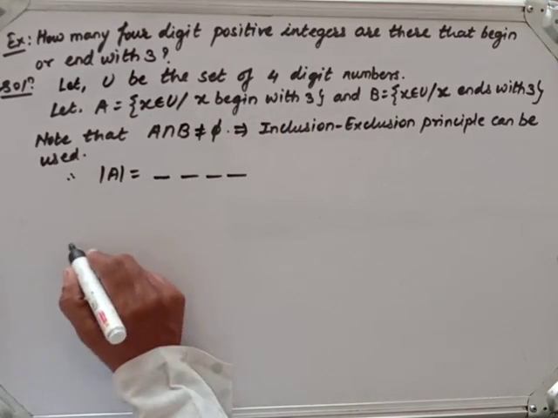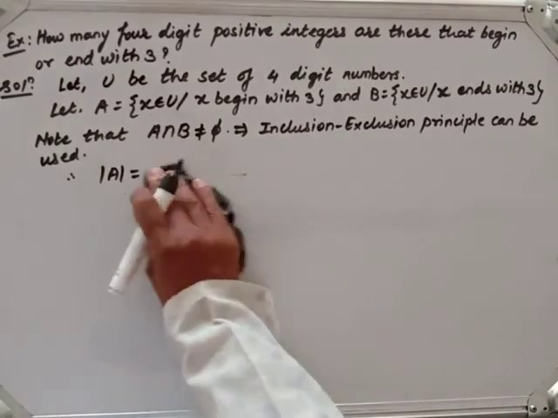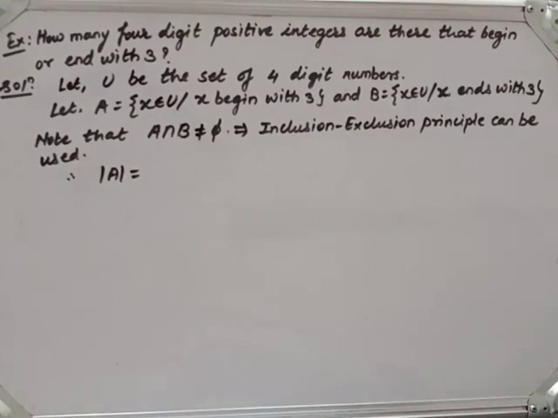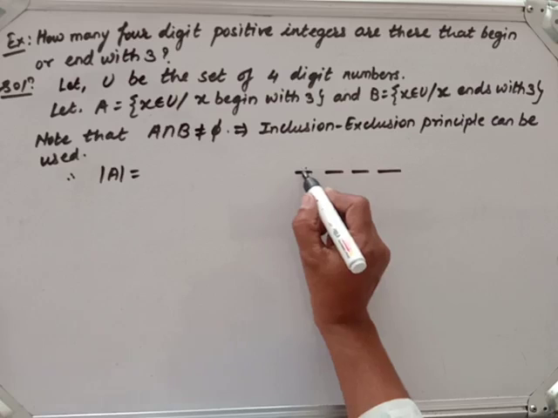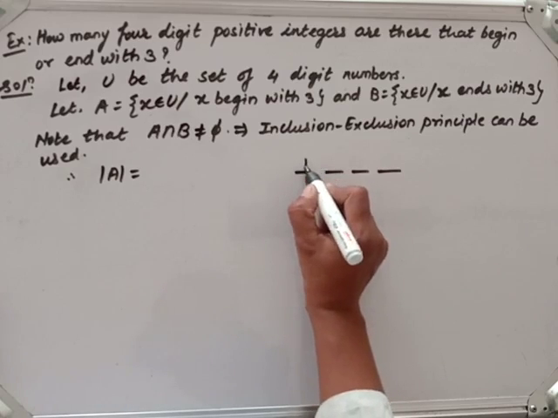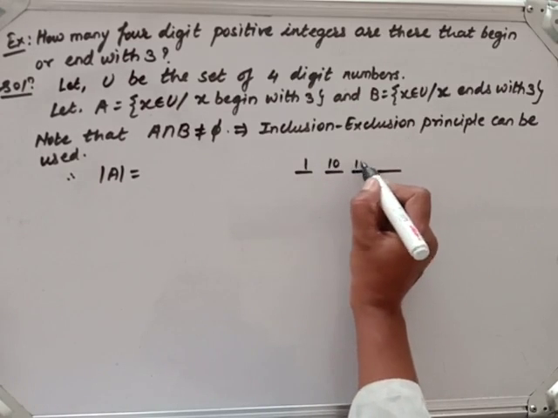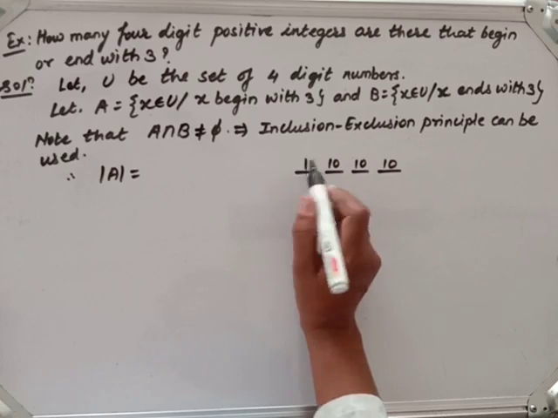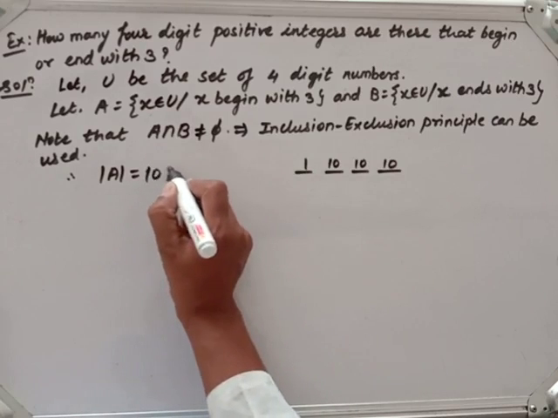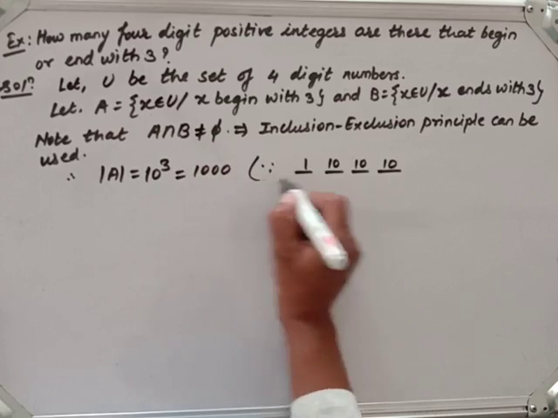The first place will be filled by 3 only, so it has only one choice, while the others have 10 choices each. So total 10 to the power 3, so it will be 1000.